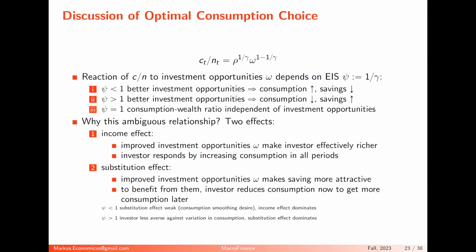Okay, so you can see this very nicely from this formula. No, the psi is not the investment. The omega is the investment; psi is just the curvature of your utility function. It's like the risk aversion coefficient. So the risk aversion coefficient is how much you want to smooth things across states of the world.